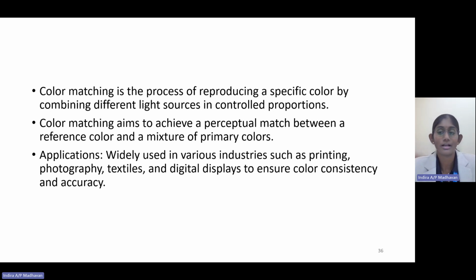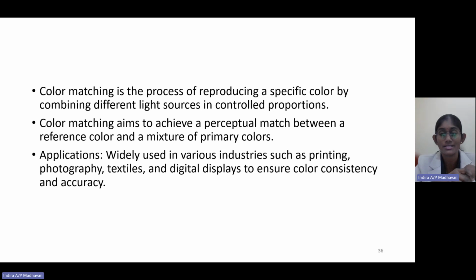So this is how the foundation of the CIE color system research started. Basically, the subjects were given three light colors, red, green, and blue, and they had to match all the colors in the visible spectrum.